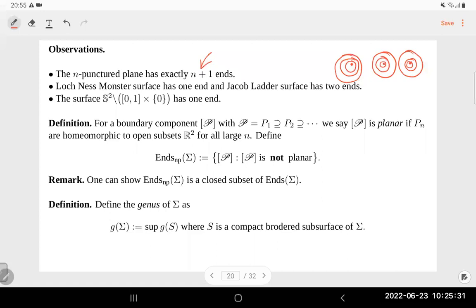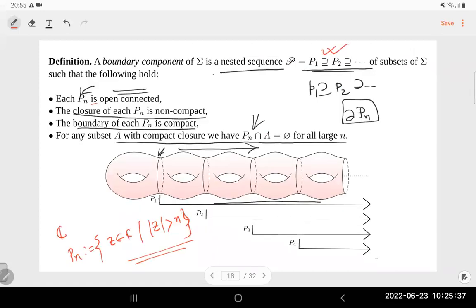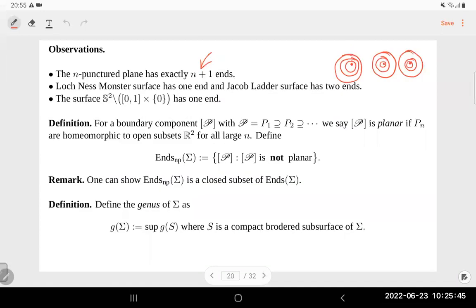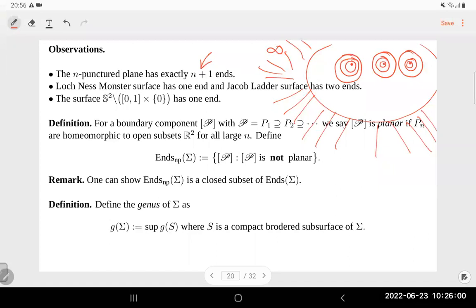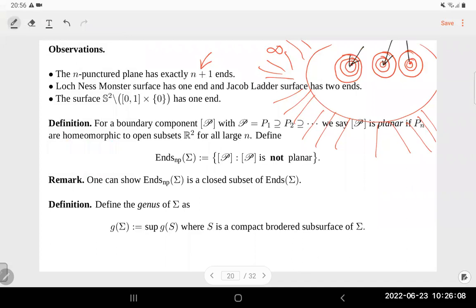This is one puncture, this is another puncture, this is another puncture. Notice that it is open, connected, non-compact, the boundary is compact, and this is obviously satisfied. And the other one is the puncture located at infinity. For that, I need to consider the outside of this ball. So the thrice punctured plane has exactly 4 ends. One end is located here, another end is here, another end is here, and the fourth end is the infinity.